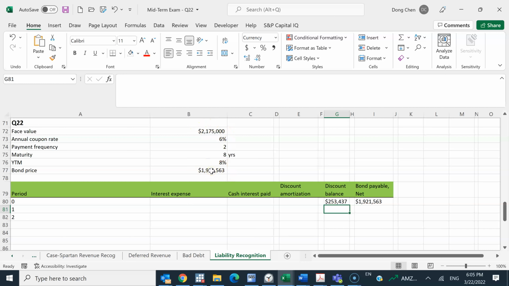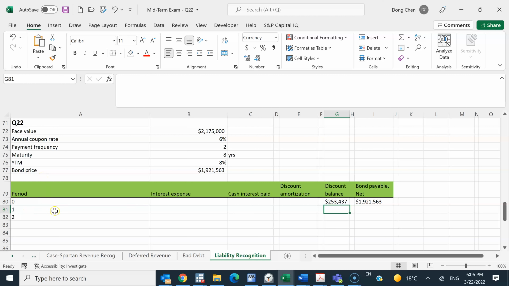So as the rule for accounting, right, we smooth this process. Basically, how do we do that? First, we figure out the interest expense. So this period number here refers to the first, the second, the third, which number of the coupon payment.